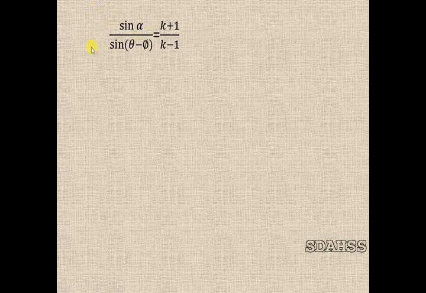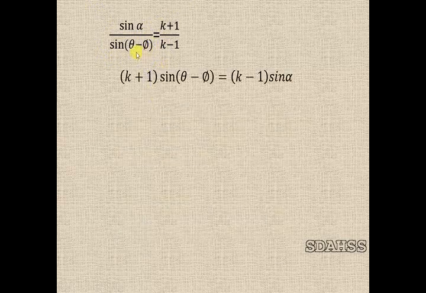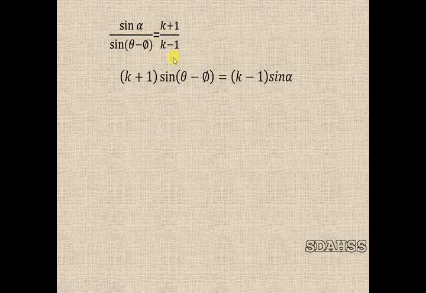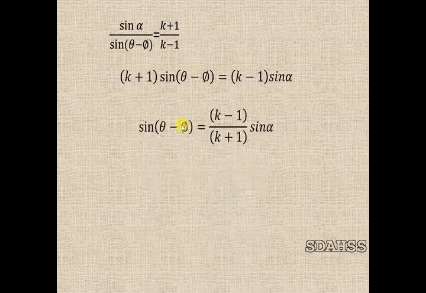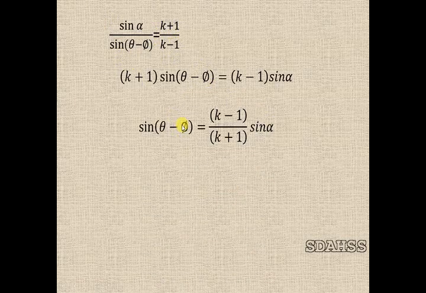So you have sin alpha divided by sin theta minus phi equal to k plus 1 divided by k minus 1. Then cross multiply. So you have k minus 1 sin alpha is equal to k plus 1 sin theta minus phi. Sin theta minus phi is equal to k minus 1 divided by k plus 1 sin alpha. Hence proved.